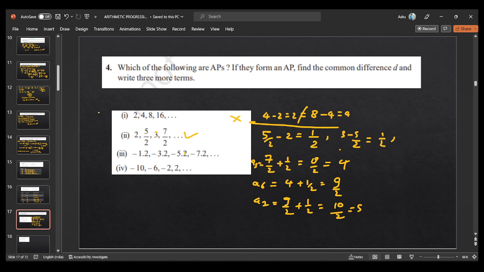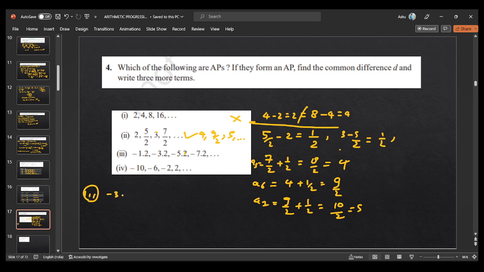So the next terms will be 4, 9 by 2, 5, and so on. Here we should check the third part.